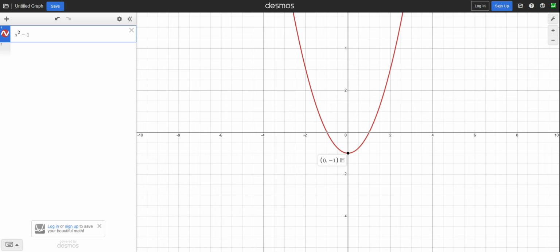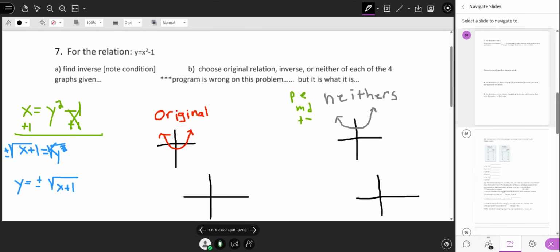One of the neithers would show up like this. And then, whoops, I forgot to share this tab.